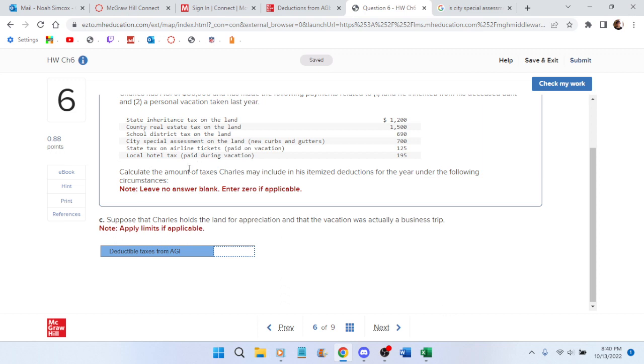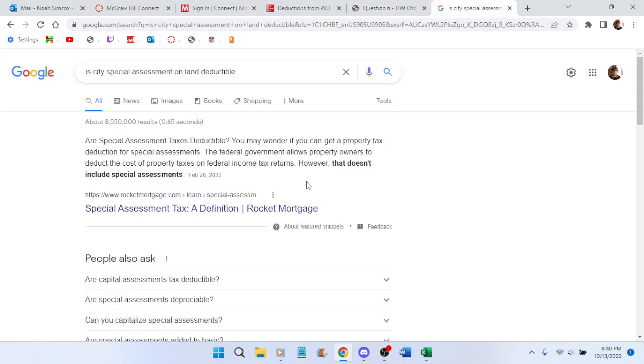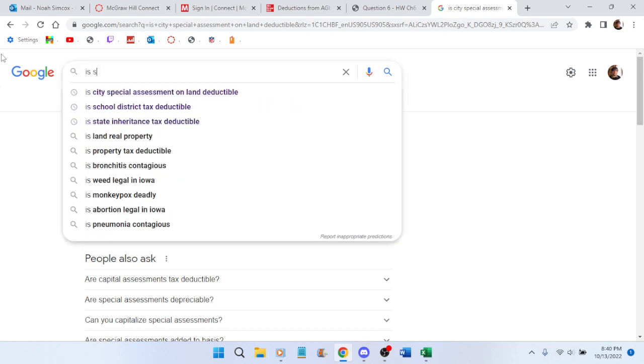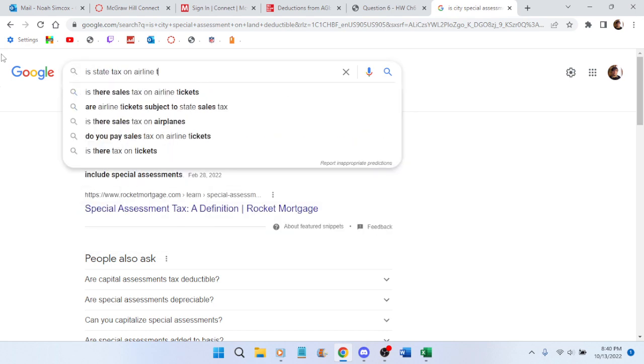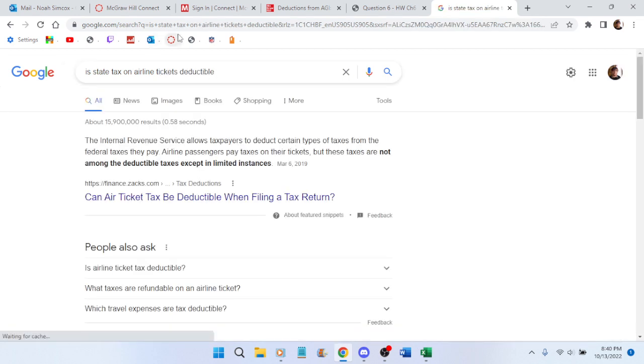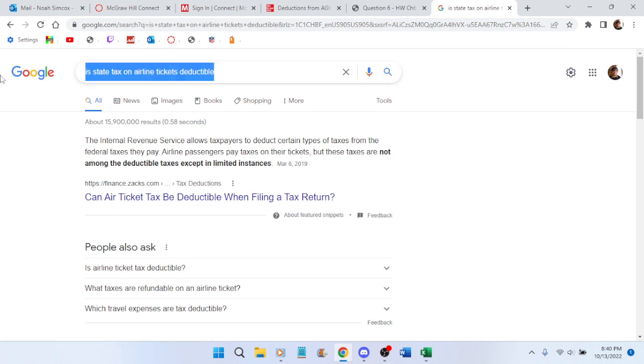Airline tickets, hotel tax. Is state tax on airline tickets deductible? Okay, it says they're not deductible.